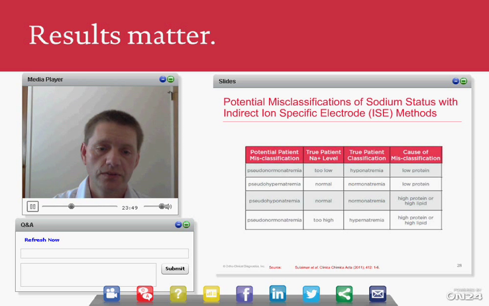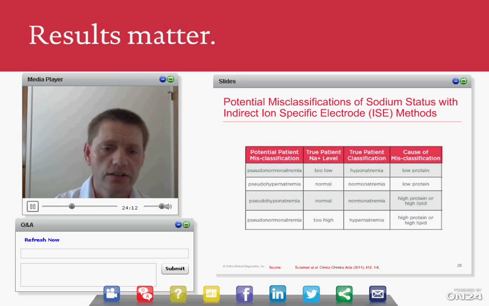In the case of pseudonormonatremia due to high protein, which is the bottom one in the table, this is a case of a patient who truly has elevated sodium or hypernatremia, and they're read as normal because the indirect method actually reads low.